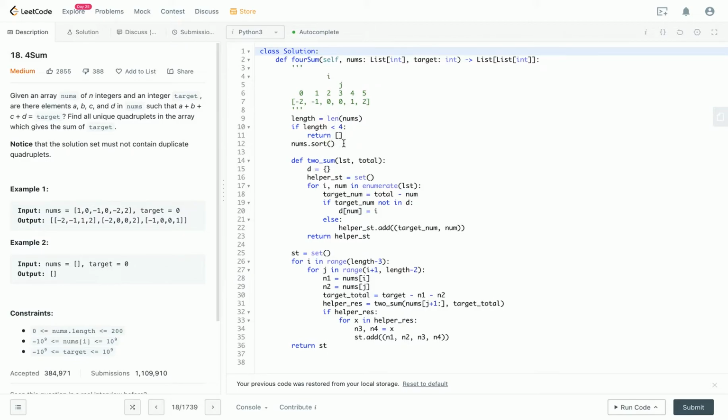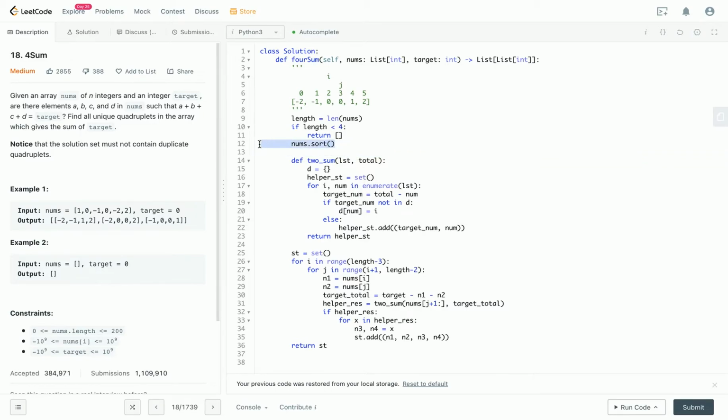First of all, we sort the array. First of all, we do the corner checking. If the length of the numbers is smaller than 4, so if there are not even 4 numbers in the array, it's a corner case. We should return an empty array because it's impossible to find the quadruplets, right?